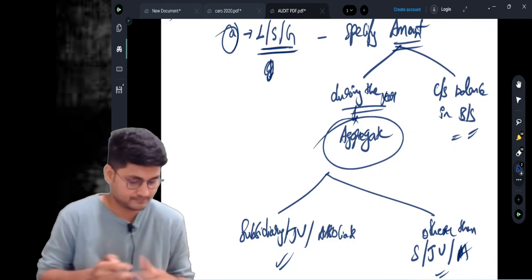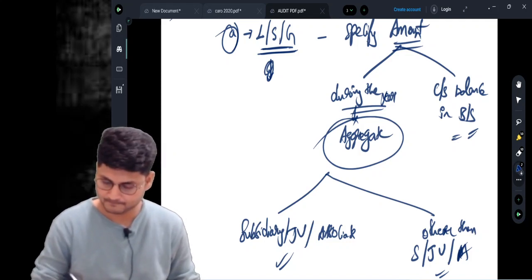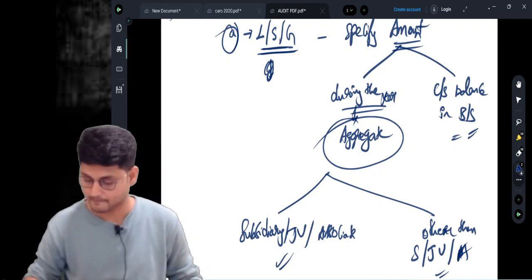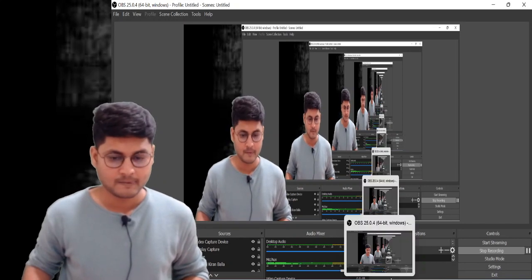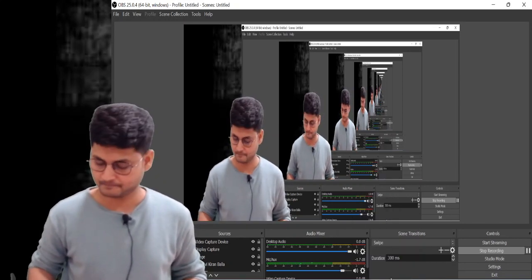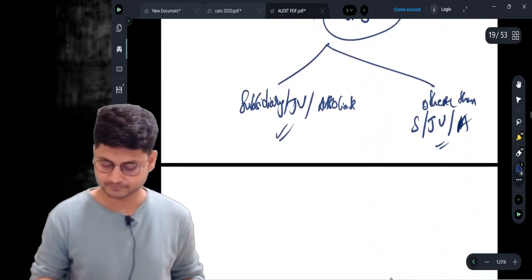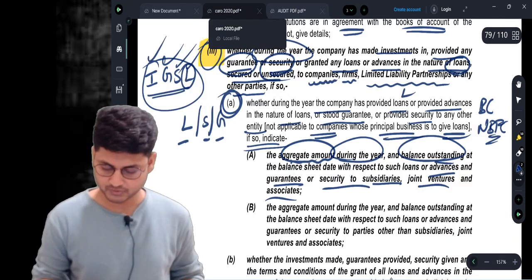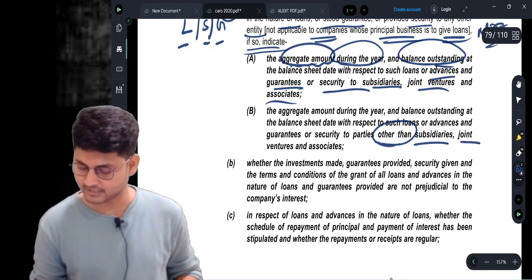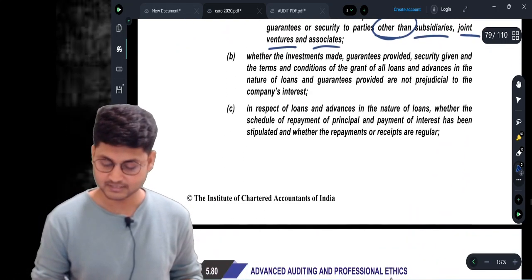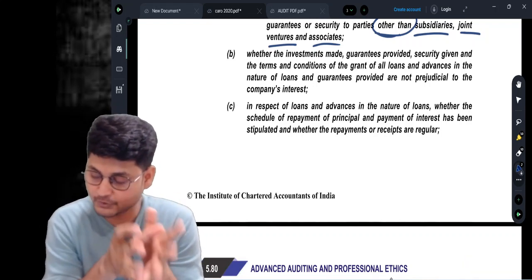Clause number A. Okay, now let us go to subclause B. Whether the investments made, guarantees provided, securities given.